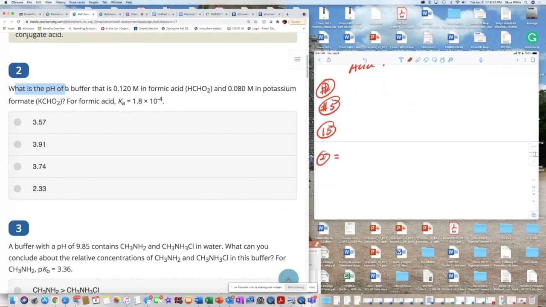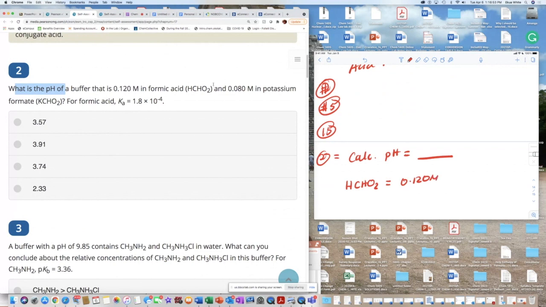Number 2, they want us to calculate pH. pH will be some number. pH does not have a unit. What are we given? We're given formic acid, HCHO2, with concentration 0.120 molar.